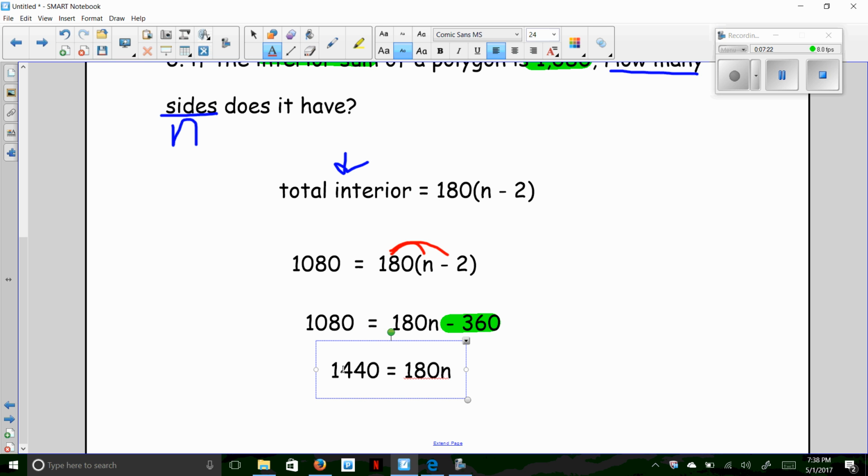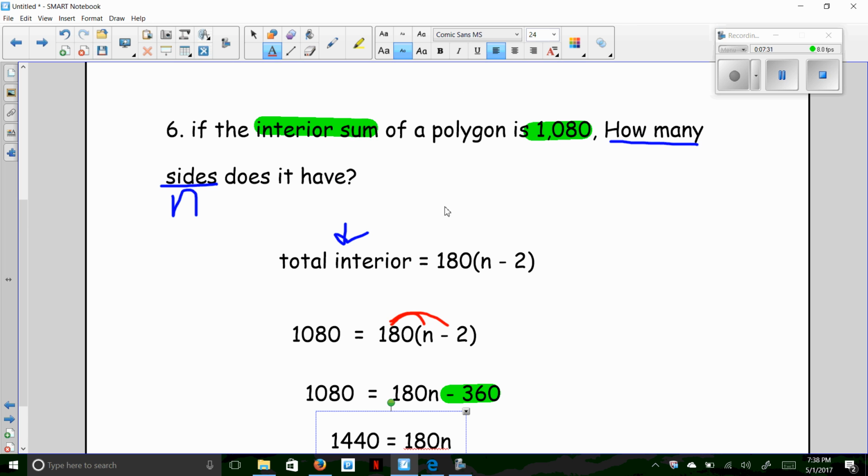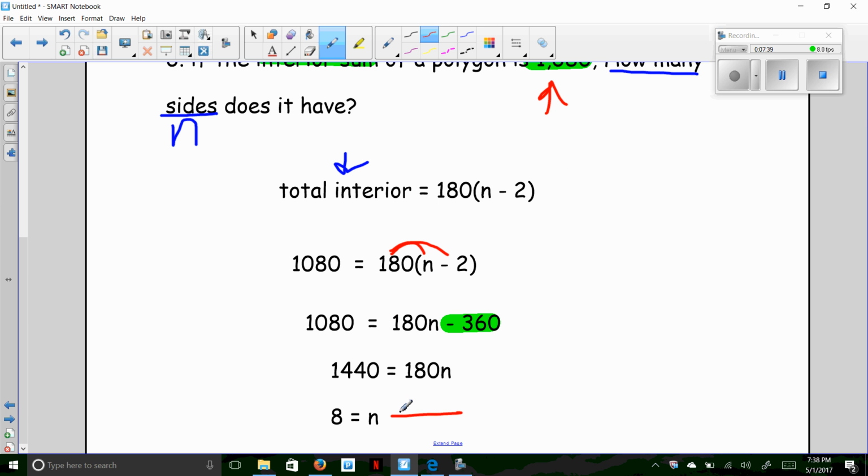My last step is to divide by 180, and a polygon with an interior sum of 1,080 has 8 sides.